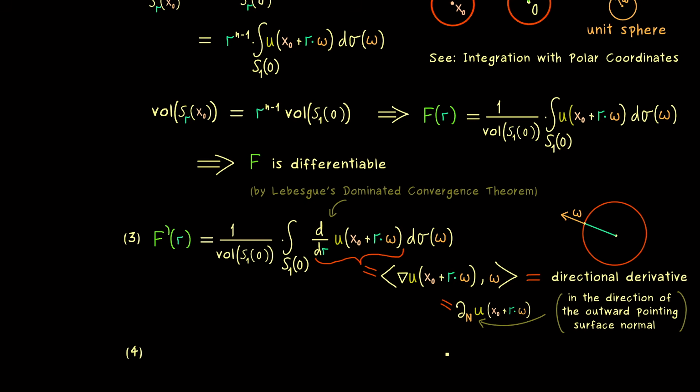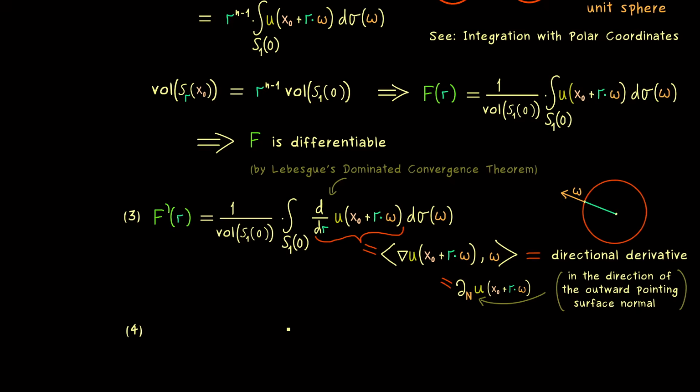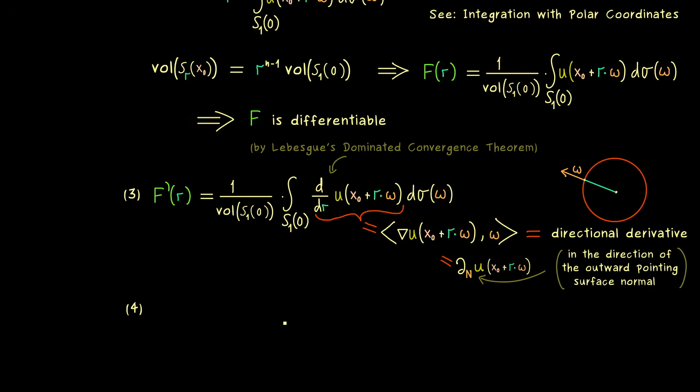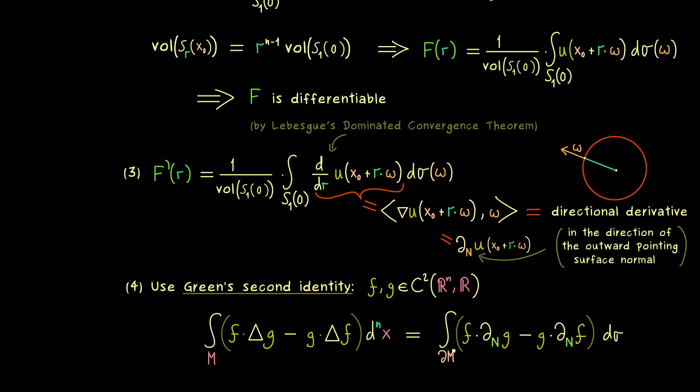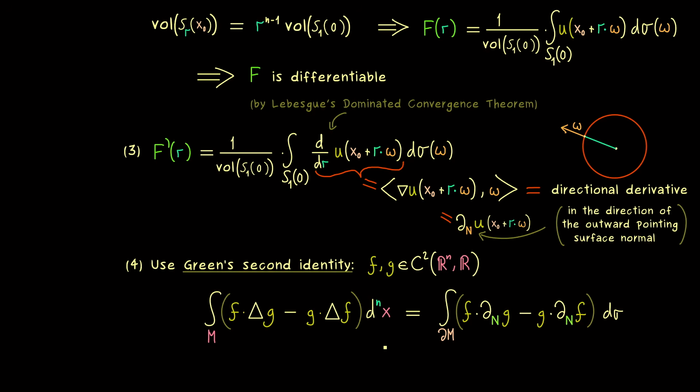And now the advantage of this normal derivative is that we can apply Green's identity to our function f. More precisely, we can just use Green's second identity, which holds for C2 functions. This one you can also find in my multidimensional integration course, and it connects a volume integral with a surface integral.